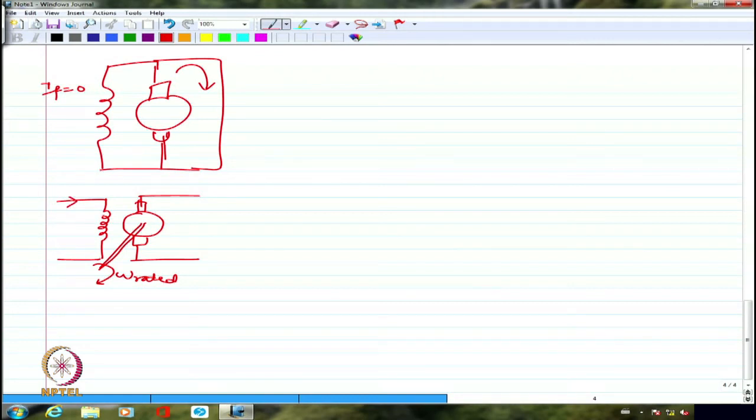If I have to make the field current controllable, generally what I would do is to connect a potential divider, preferably. So if this is my potential divider, I will connect here this variable point to one of the movable points. So I'm going to apply basically plus minus maybe 220 volts DC, for example.